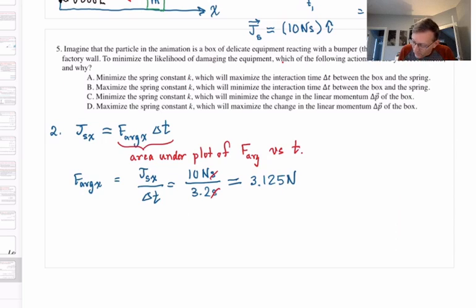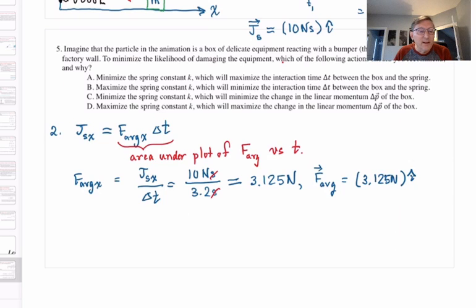If you want to write it in unit vector notation, you would write F average arrow equals 3.125 newtons i hat, in the plus x direction. I do believe the average spring force during the collision is in the plus x direction.